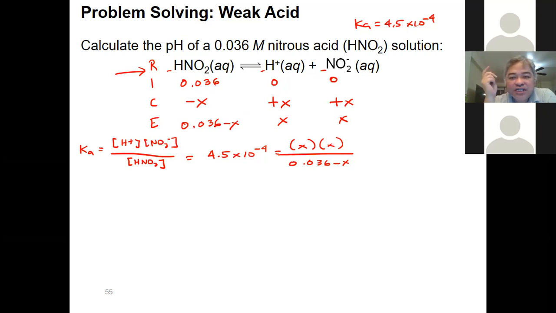Now, ano yung advantage dito compared doon sa equilibrium problem? We can always make an approximation. We can always say that the x value is so small that it will not affect the initial concentration.